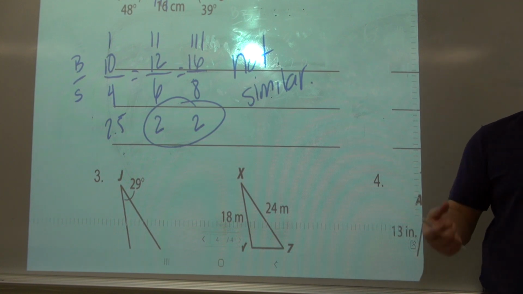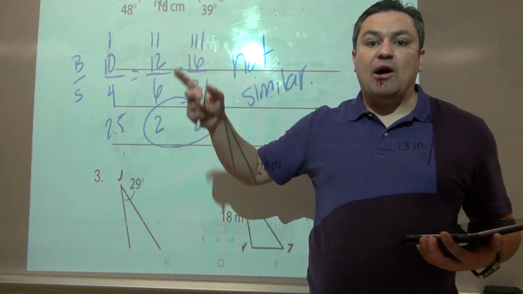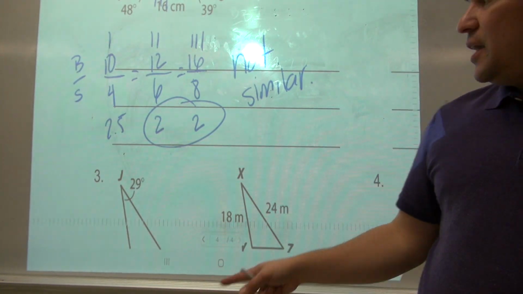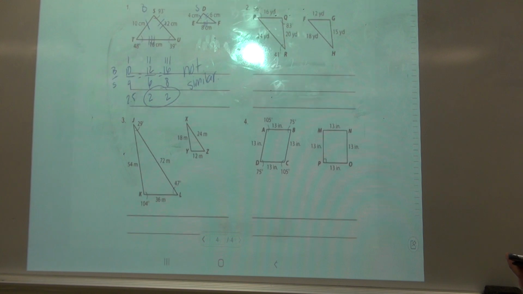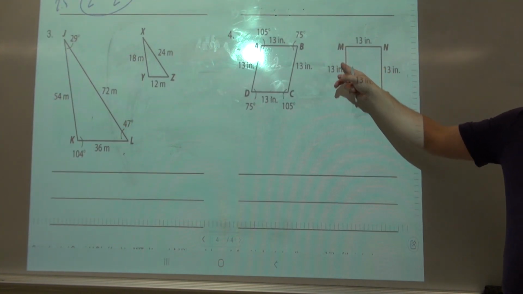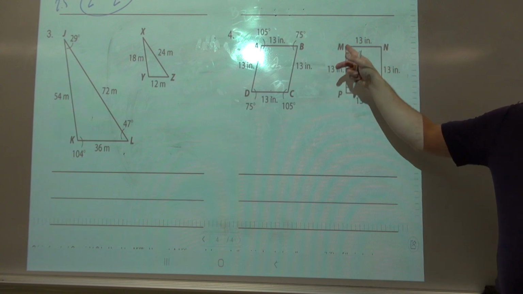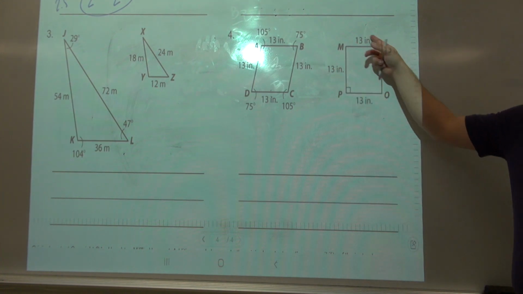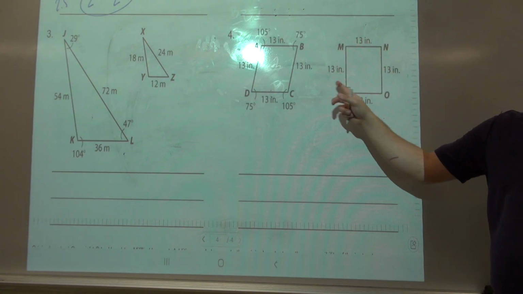You have to look at the numbers and set up the fractions, and then figure it out with math. Okay? Because if you look at some of the squares right there, they don't look like squares. Like on this one, that doesn't look like a square. But if you look at the numbers, you can tell it's a square, right? Yeah. Because all of the sides are 13. Even though it looks like a rectangle, it is a square because look at the sides.